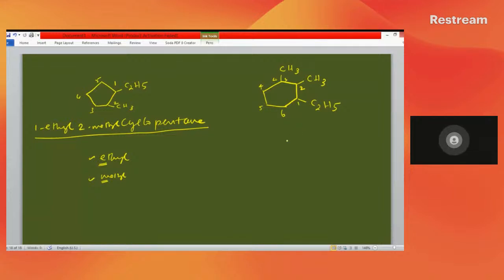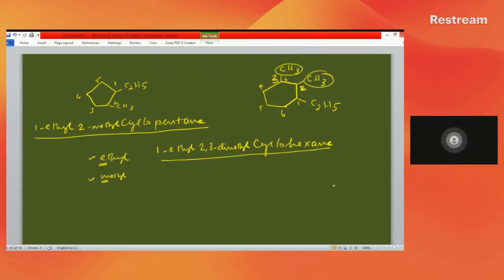There are 6 carbons in the ring, so it must be cyclohexane without any doubt. And ethyl is present in the first position, so it must be 1-ethyl. There are 2 methyl groups available. They are present at carbon number 2 and carbon number 3. And hence it is 1-ethyl-2,3-dimethylcyclohexane.